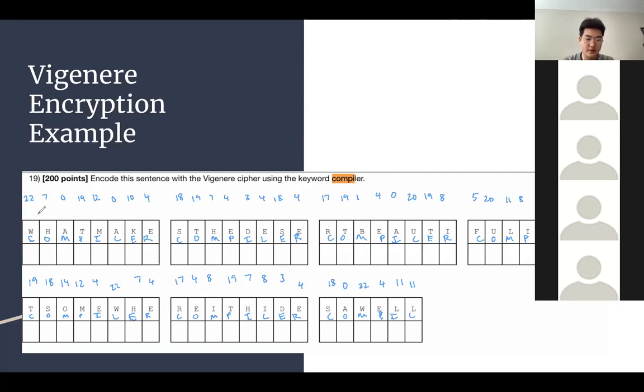So this one, because compiler repeats itself like 5.5, 6.5 times, you only have to do the conversions for one set of compiler, and then you can repeat the numbers, right? So yeah, I think all of those are right. Nice job.